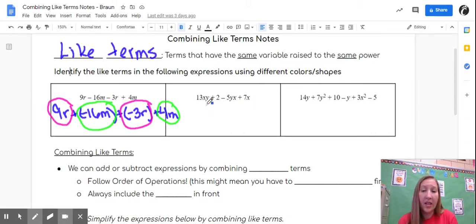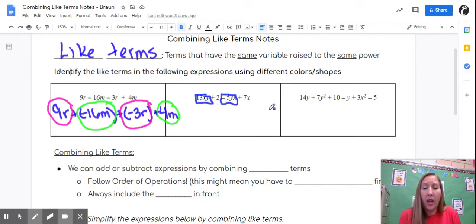Since 13xy and my minus 5yx have the same variables, they are like terms. So although they are in a different order, since they're all being multiplied, they are considered like terms. So I'm going to go ahead and just kind of draw a box around these.